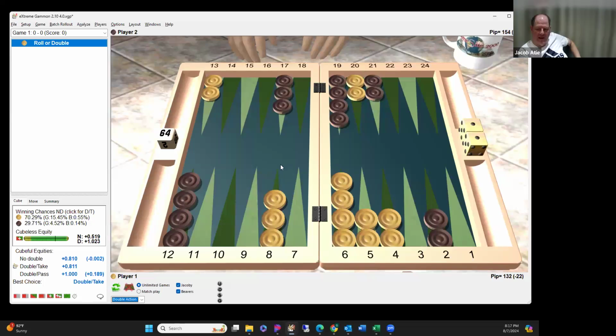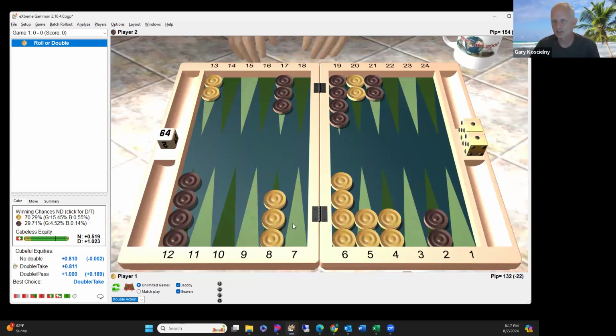If white rolls like a 6-4, 6-3, 5-4, isn't he running away from the 20-point? He's at the race. Yeah, probably. With this, you get a number to break your anchor. You probably want to do that here, especially with a 6.